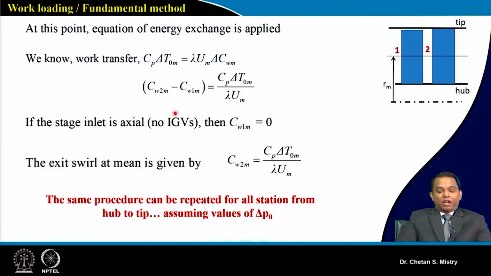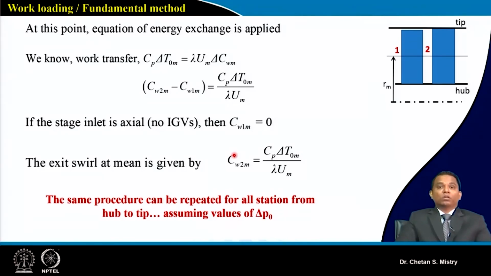Now you realize that part. So I can say my Cw1 at the entry is 0, and that will give me the change of my work component at the exit at mid station. So at this particular station I can calculate what will be my Cw2.